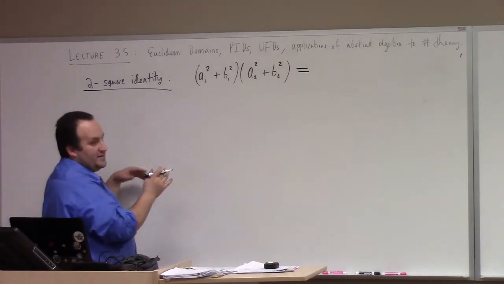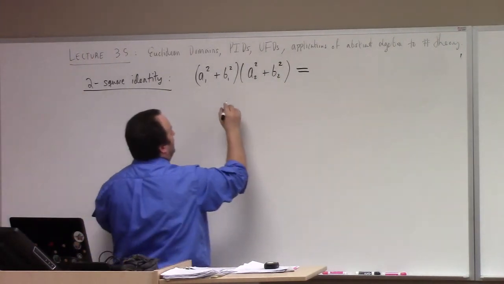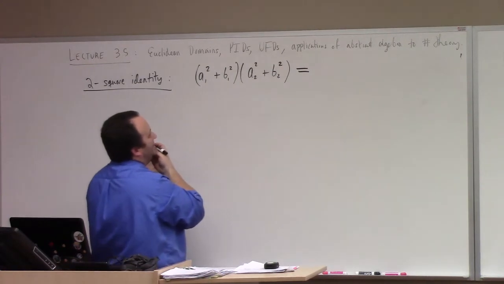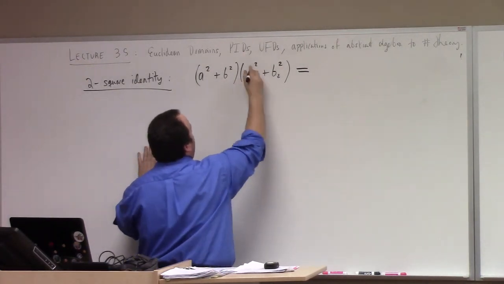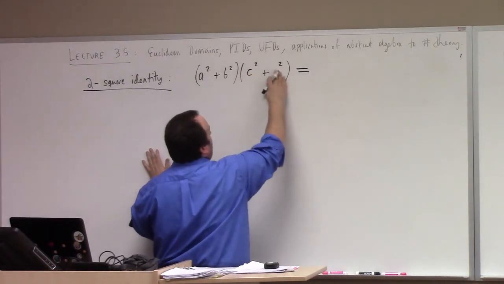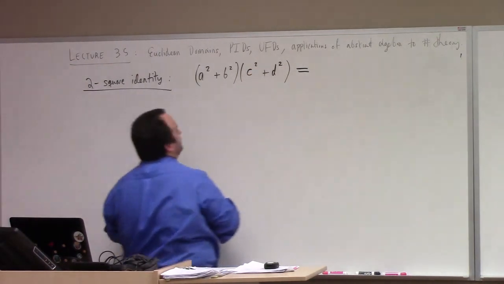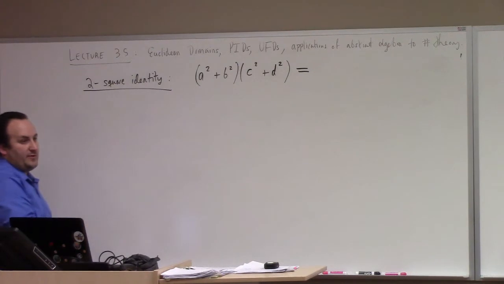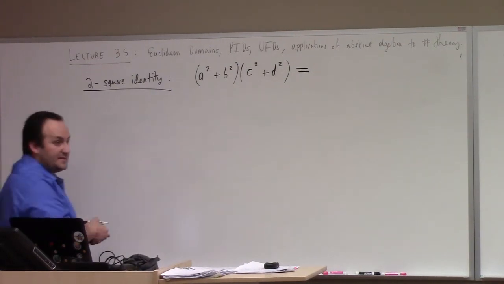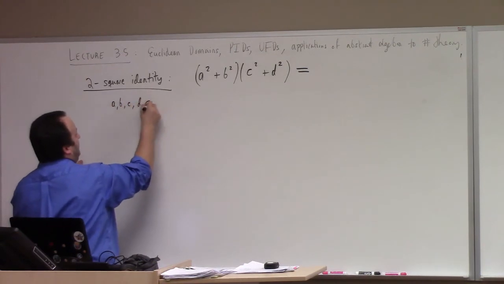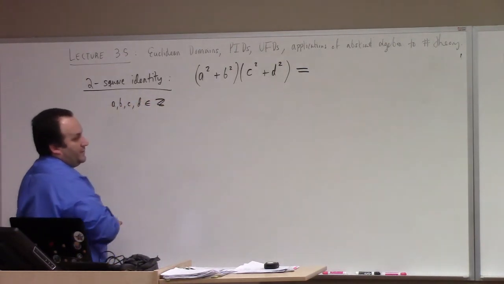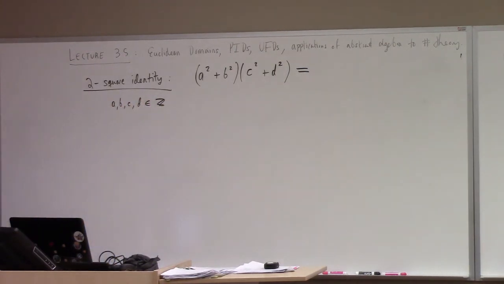This a1, b1, a2, b2 is annoying. Let's do a, b, c, d instead. That's easier to write, isn't it? I want to think about a, b, c, d as integers, in Z. So I'm going to use the Gaussian integers to say something about integers.